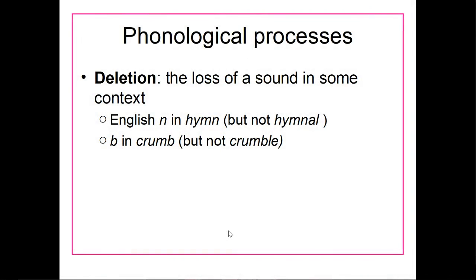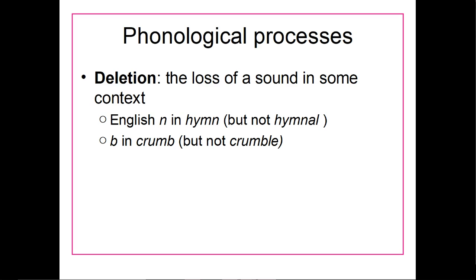Deletion is another one. And again, this is making things more smooth to say. So in English, we have the word "hymn," where there is that n sound, depending on how you say it. So basically, the n in "hymn" is deleted for most people. But if we say "hymnal," then we do say it.